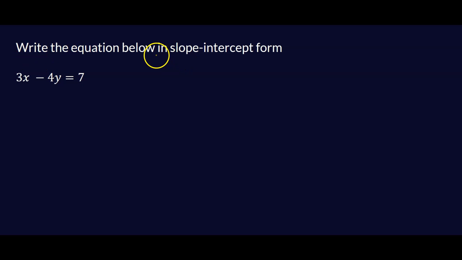Write the equation below in slope-intercept form. So 3x minus 4y equal to 7. Because we're trying to isolate y, we're going to subtract 3x from both sides. So we have negative 4y equal to negative 3x plus 7.